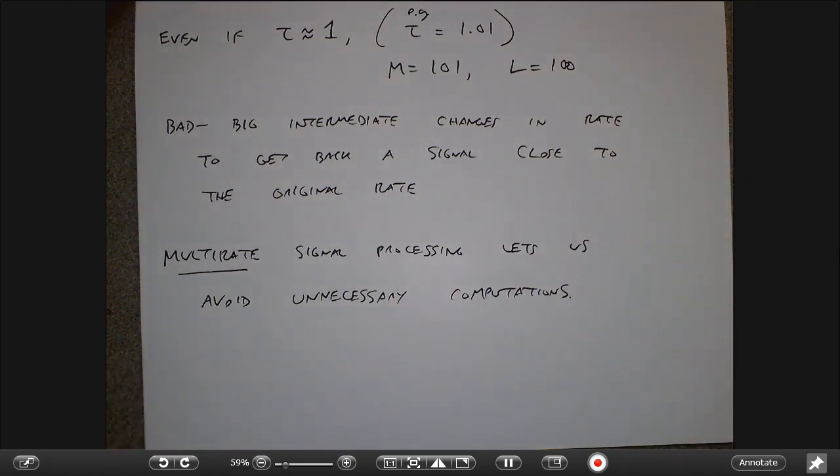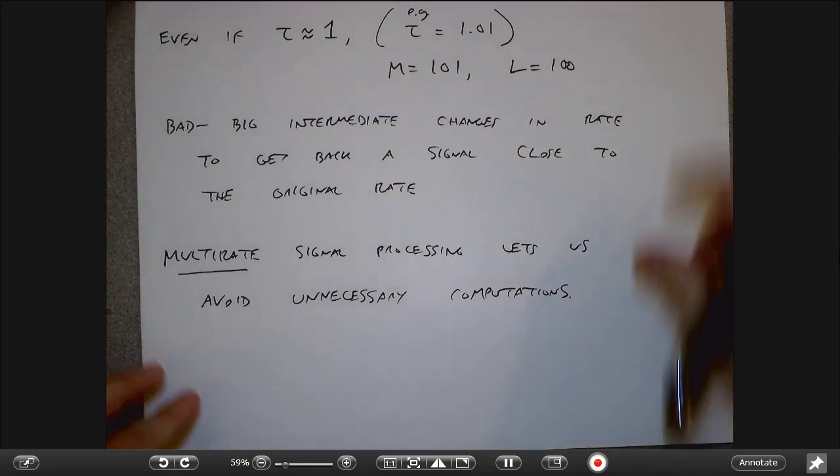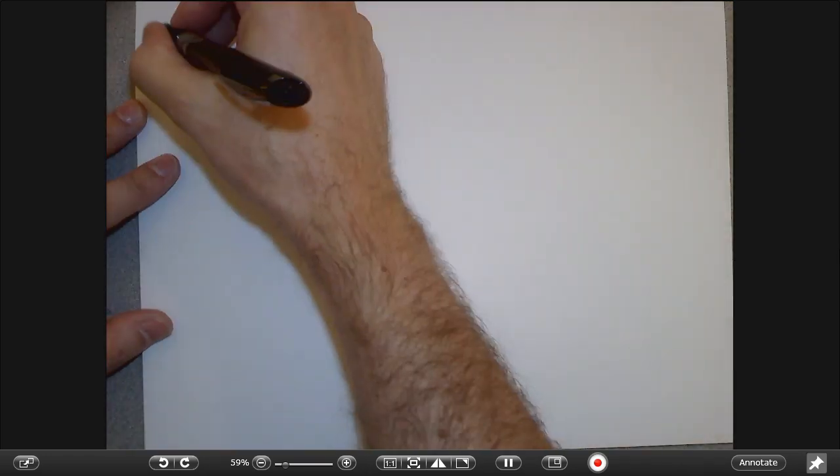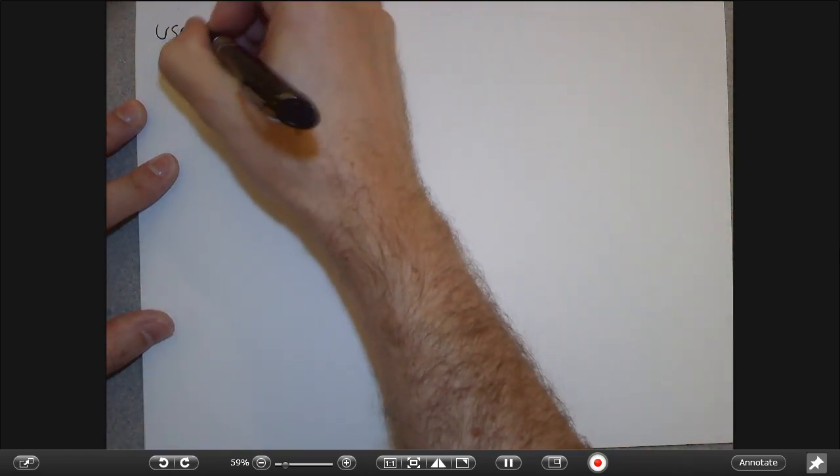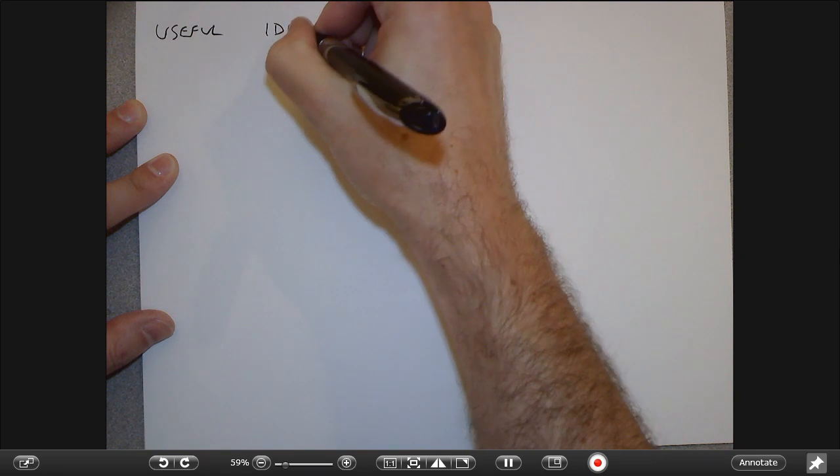Okay. So to talk about this, I need to introduce a couple of little intermediate theorems, or what I call lemmas, okay? Useful, I guess, what I would call identities.